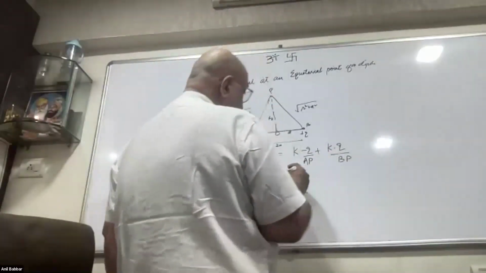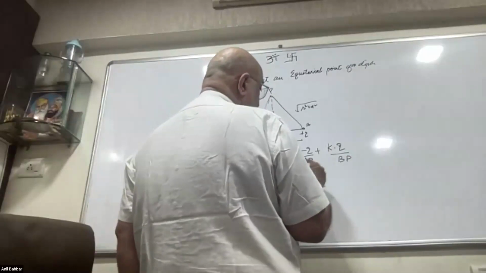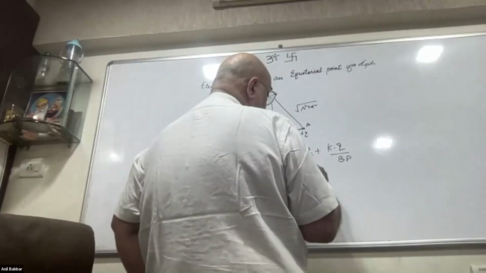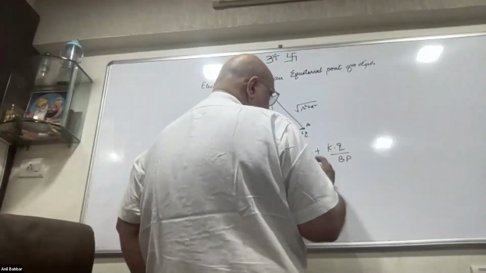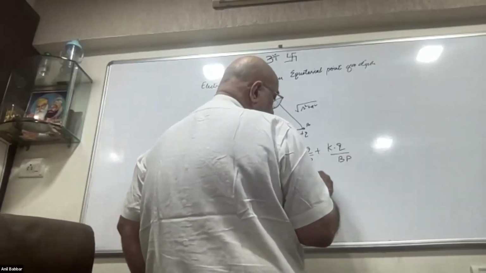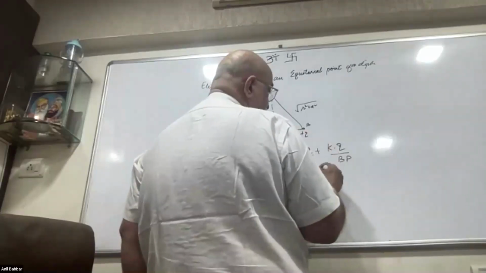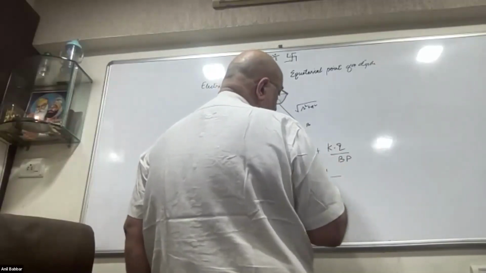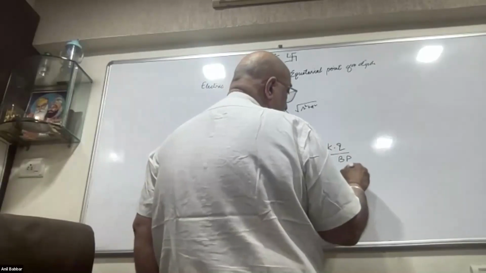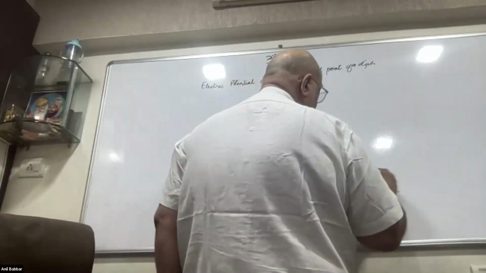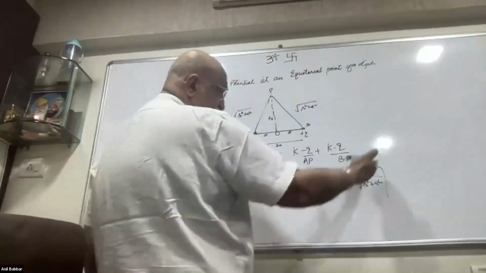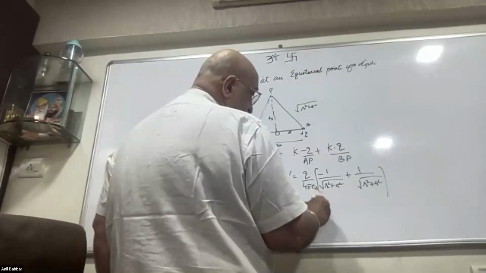Let's substitute the values. So V is equal to K, or let's take K common out of it and Q out of it. So I can write Q upon 4 pi epsilon naught, minus 1 upon AP. AP is root of R square plus A square, plus 1 upon root of R square plus A square. So these are positive and negative, which makes 0. So hence potential is equal to 0.